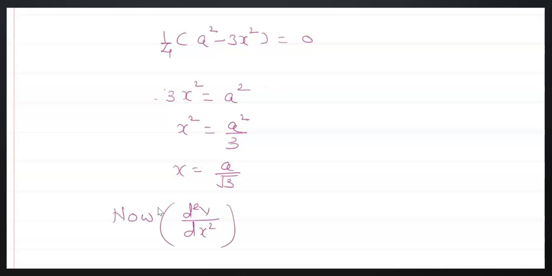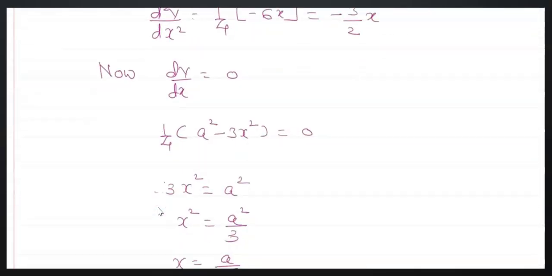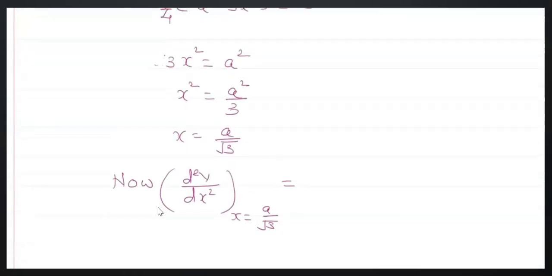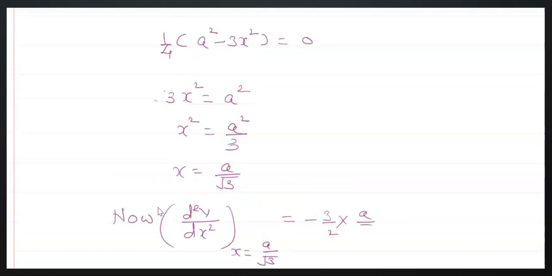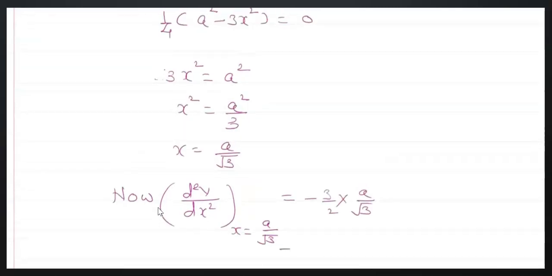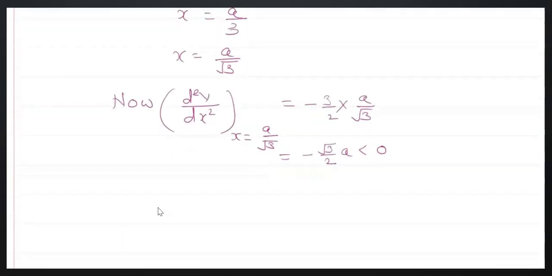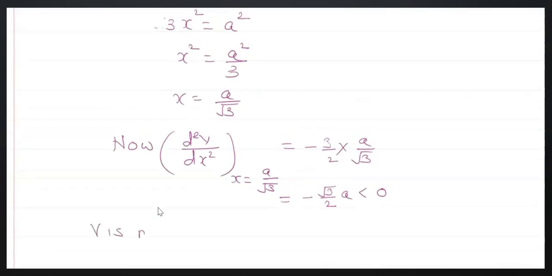And that's why d2V upon dx square is clearly negative, which is the condition for the maximum. At x equal to a upon root 3, that is minus 3 upon 2 times the value of x, a upon root 3, which is minus root 3 upon 2 a, which is less than 0.